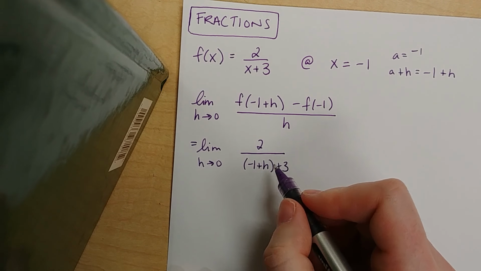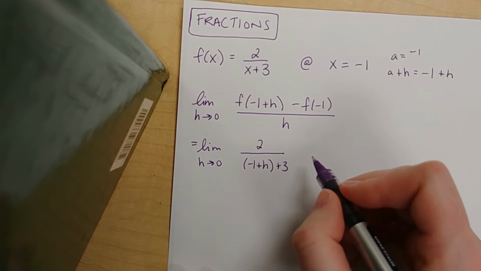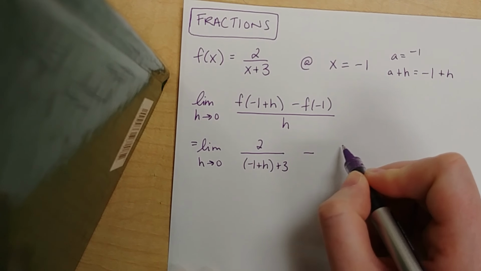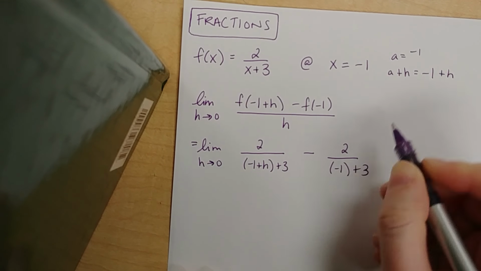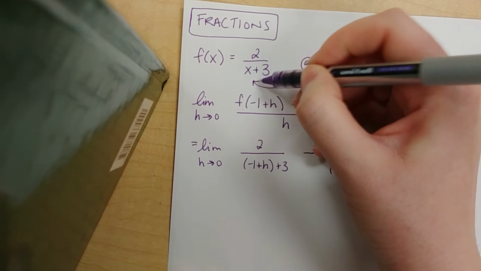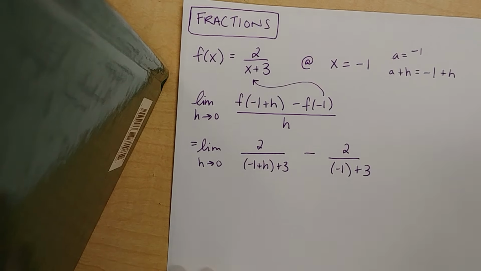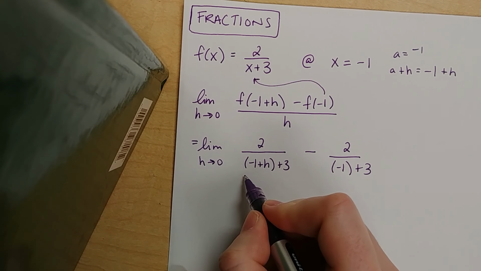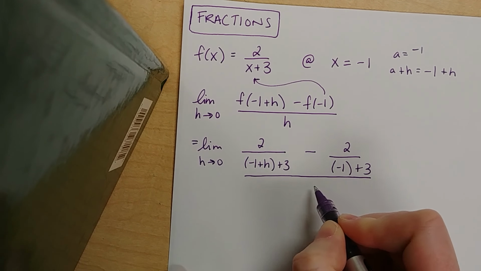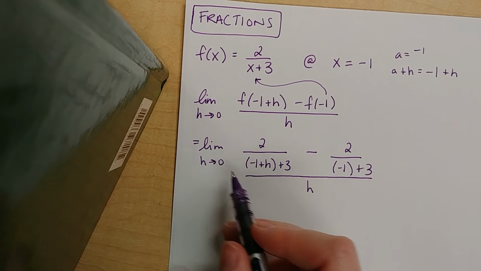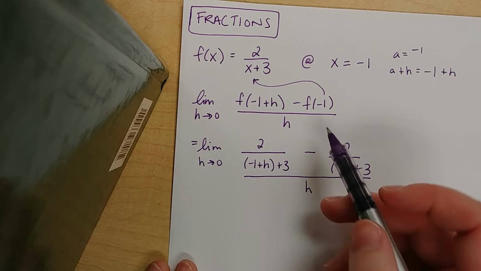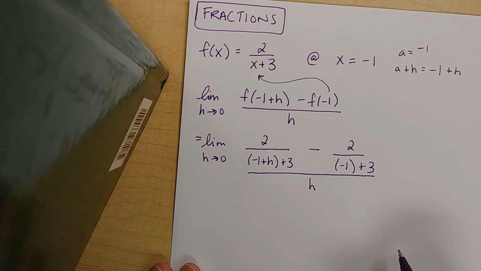Please watch where your brackets are, please watch where the denominator is, minus 2 over -1 plus 3. Again, I'm just taking my x value, plugging it into the function where x is. And don't forget, this is the part people usually forget because they get all wrapped up in their fractions. This is all still over h because we're evaluating the limit at h. That's part of my difference quotient.